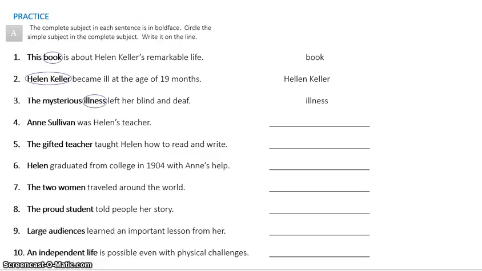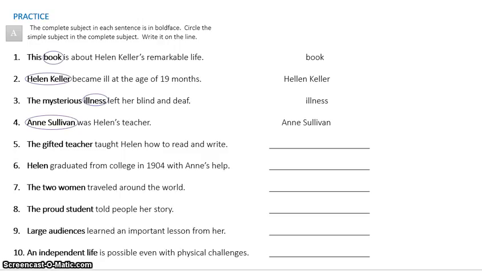All right, number 4. Number 4 is very much like number 2 because it's a name. So Anne Sullivan, excuse me, should be circled and then written out to the side. Number 5, the gifted teacher is your complete subject. So I've got 3 words to choose from. Is the simple subject the, gifted, or teacher?